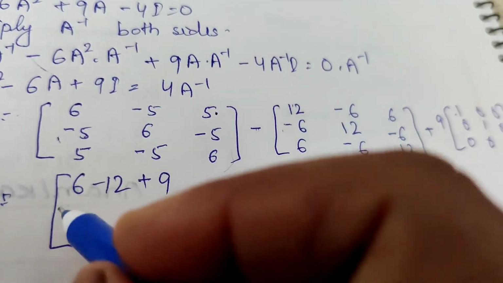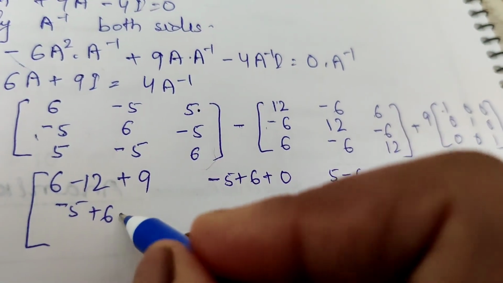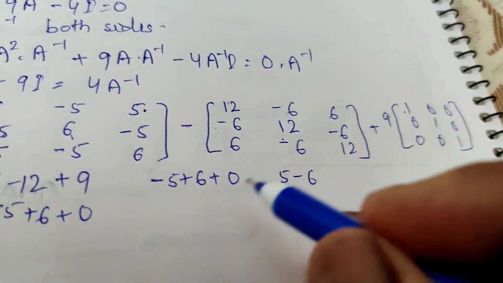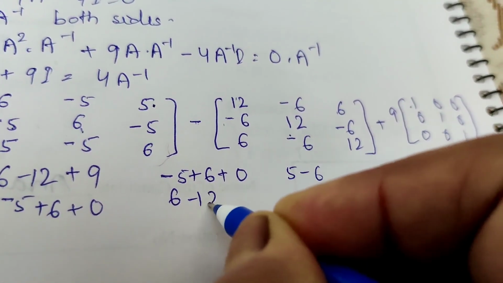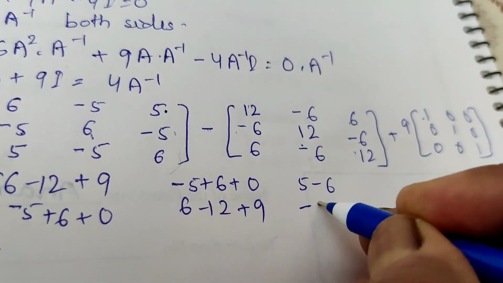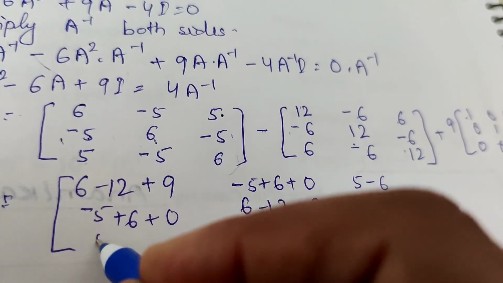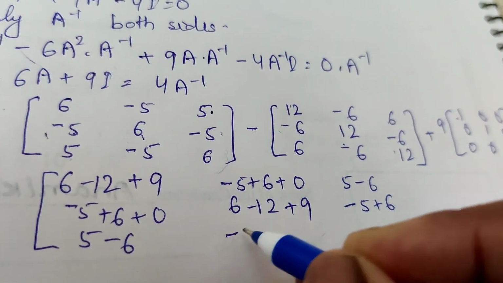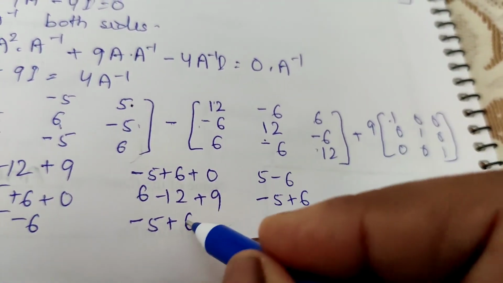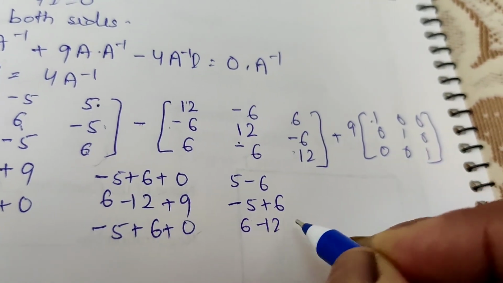Minus 5 plus 6, 0. 6 minus 12 plus 9. And the last minus 5 plus 6. Next 5 minus 6, minus 5 plus 6, and this will equal to 0, and 6 minus 12 plus 9.